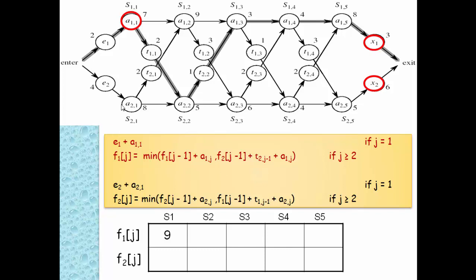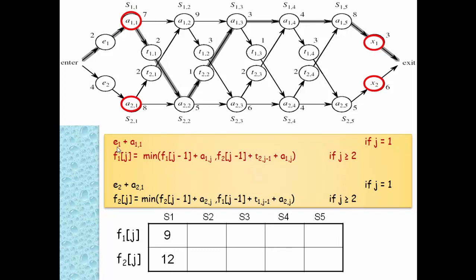Now when we move to station number 1 of line number 2, we definitely have to choose entry gate E2, and it requires 4 units of time. So 4 plus 8, total 12 units of time required if we choose station number 1 of line number 2.